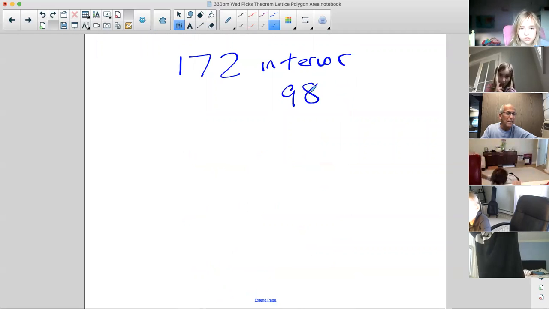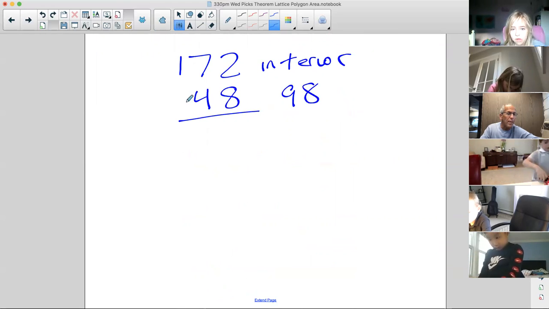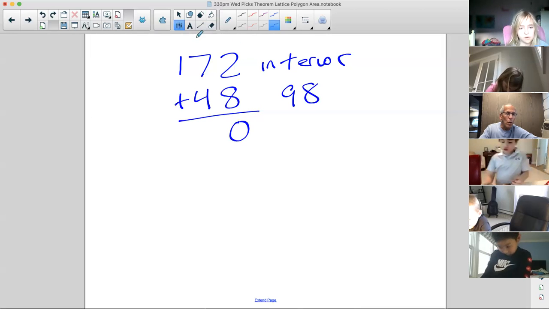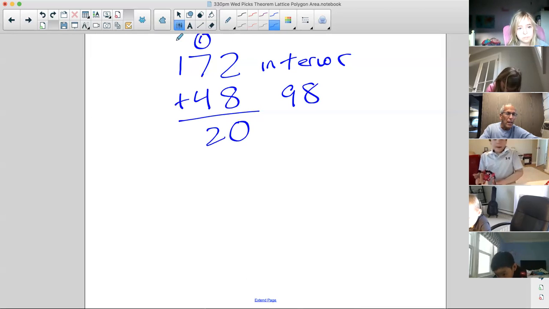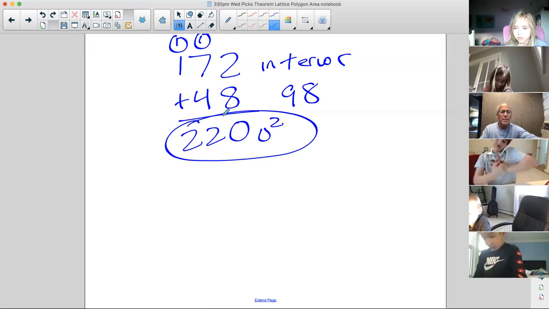Well, half of 98 is 49. Yes. It's one away from that. And so yours, my friend, is 220 square units. Can I see the picture?